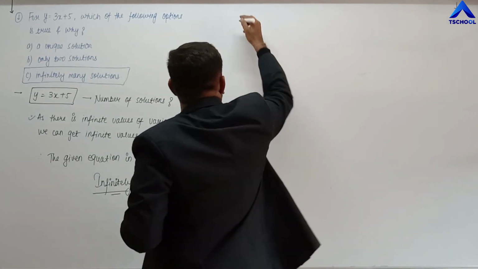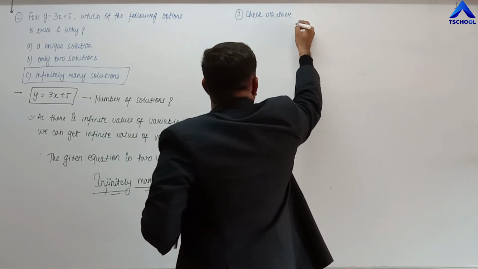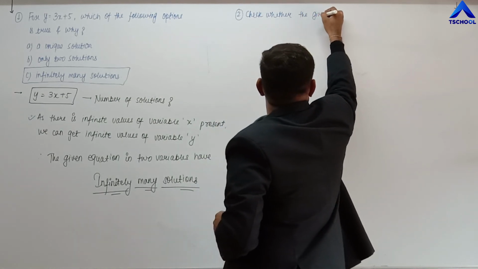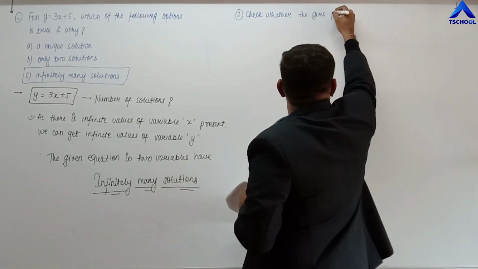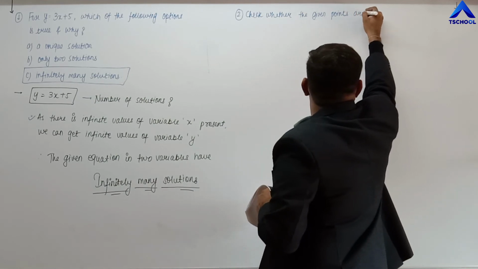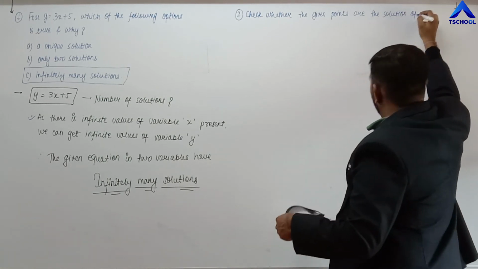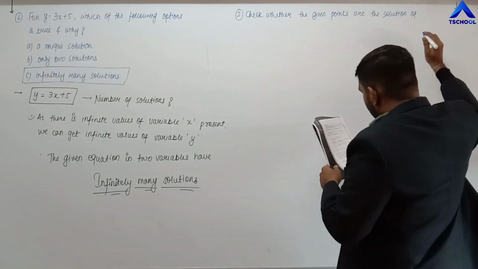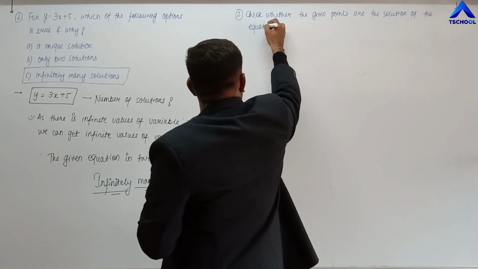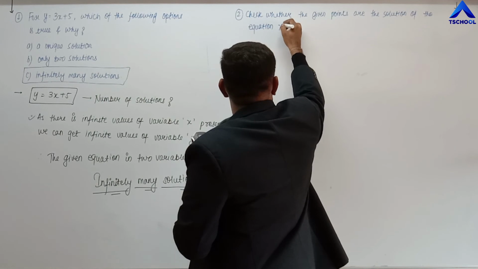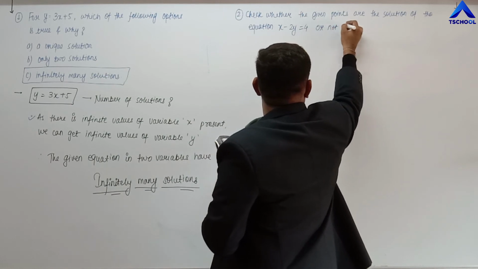The question goes like: check whether the given points are the solution of the equation x - 2y = 4 or not.